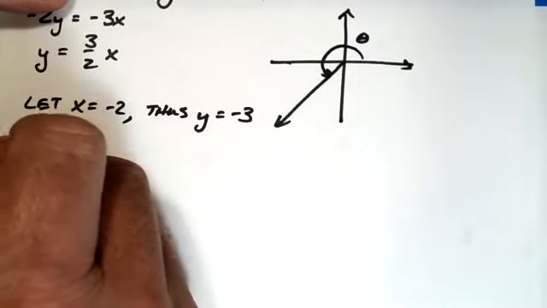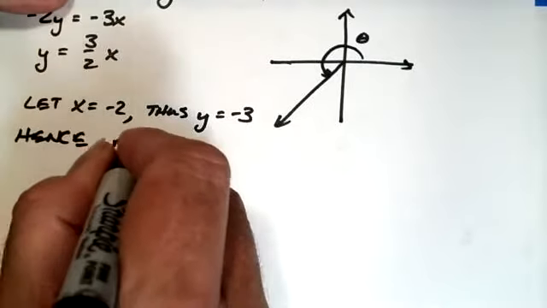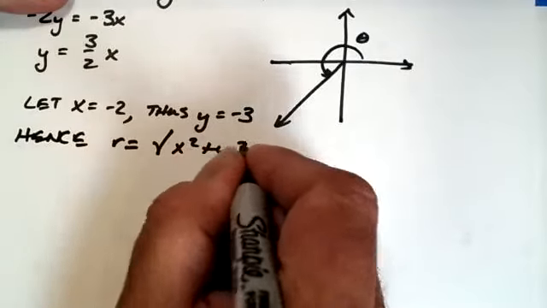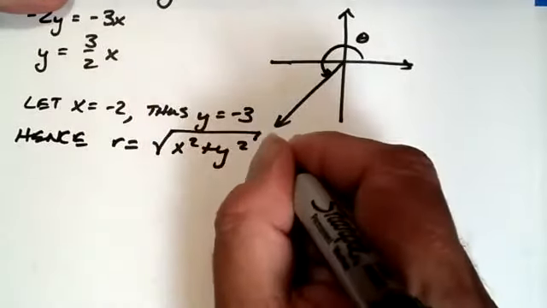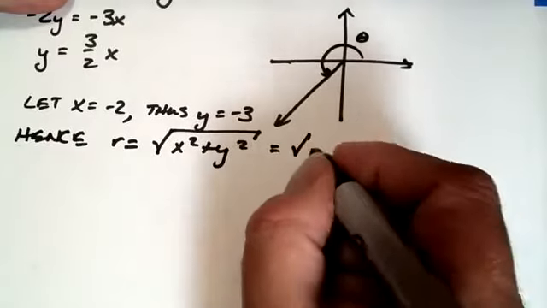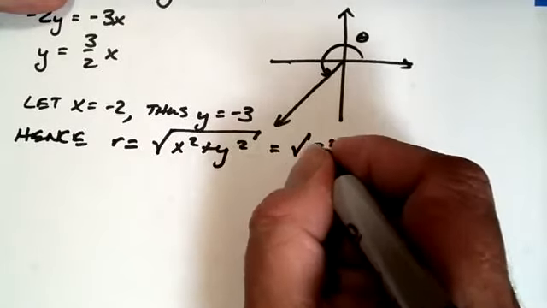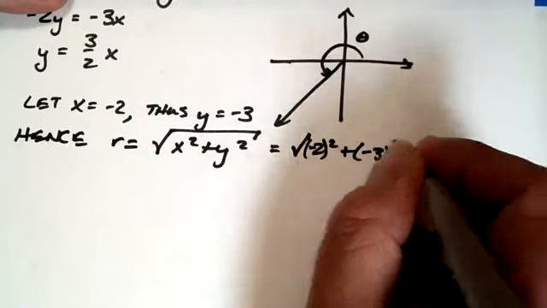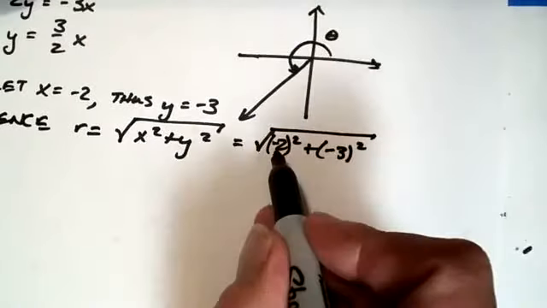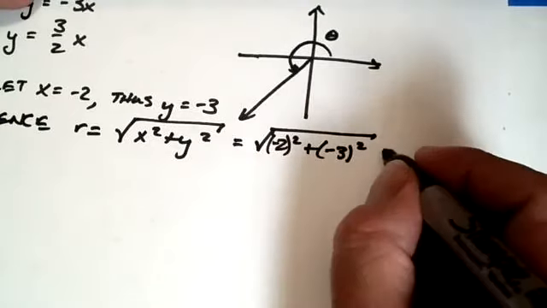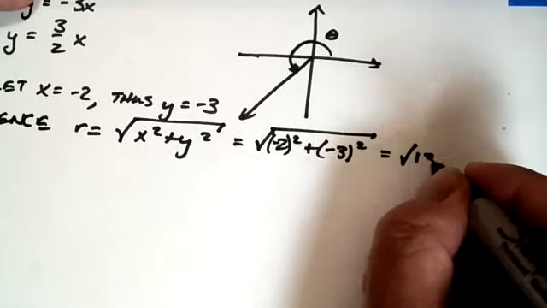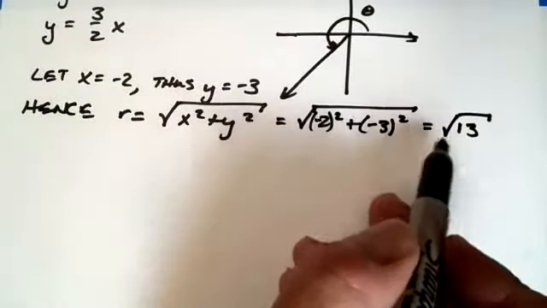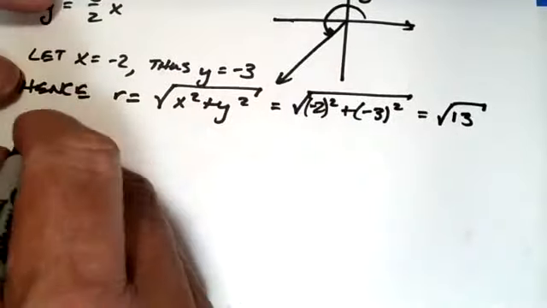Hence, r equals the square root of x squared plus y squared, which is equal to the square root of (-2) squared plus (-3) squared. And what's that? That's 4 plus 9, square root of 13, which there's no way to reduce. So now we have x, y, and r, we can do all the functions.